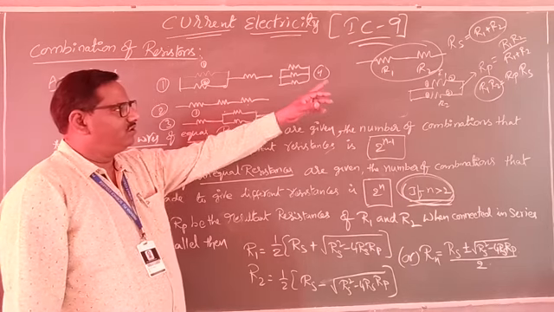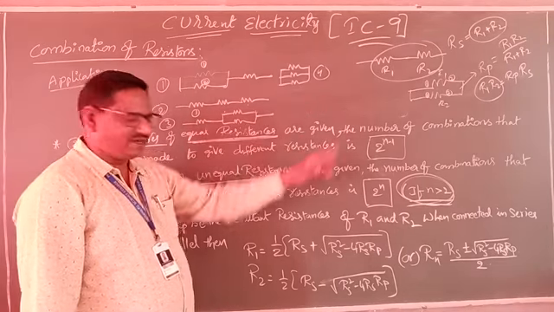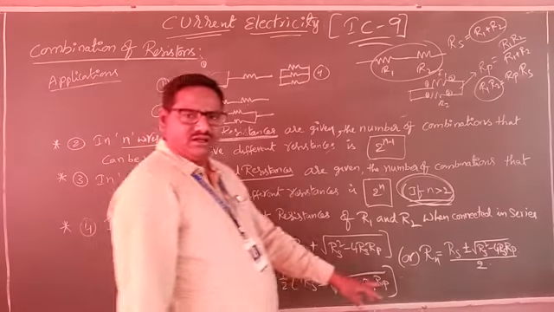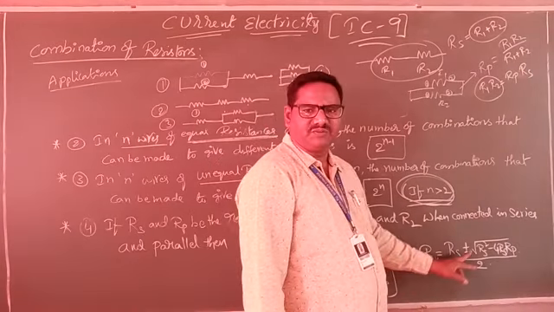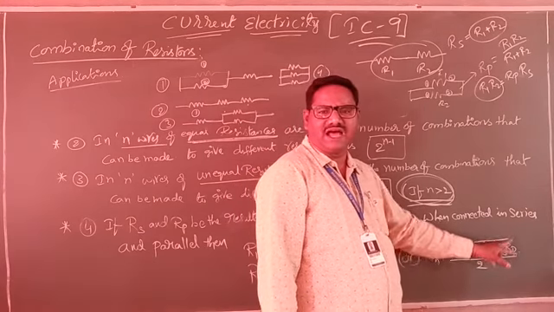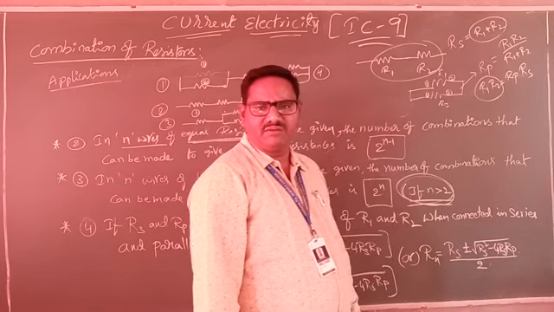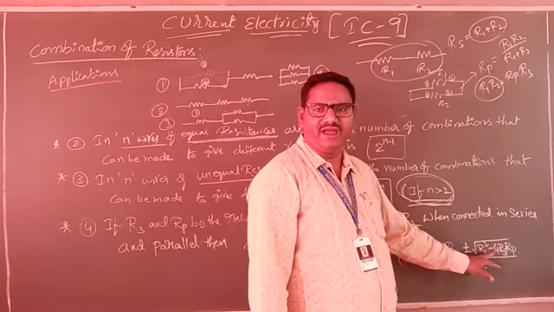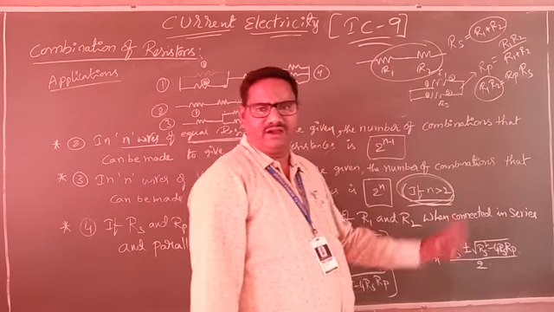Clear? Now, finally what you get is the individual resistances: R equals Rs plus or minus root over Rs square minus 4 Rs Rp, by 2. Like B square minus 4AC by 2A, like that only we apply it.